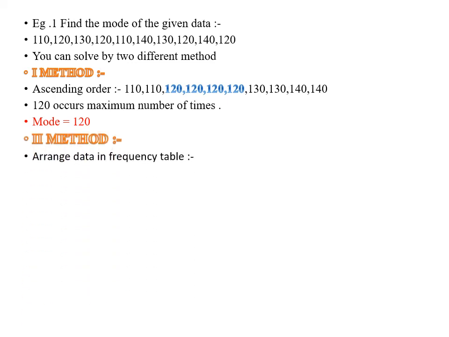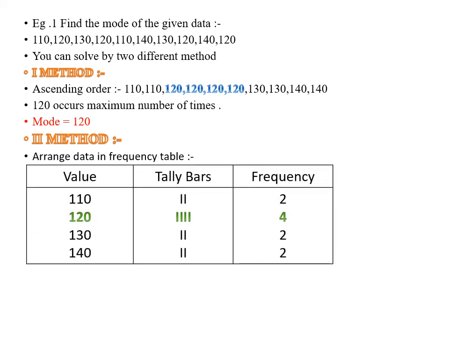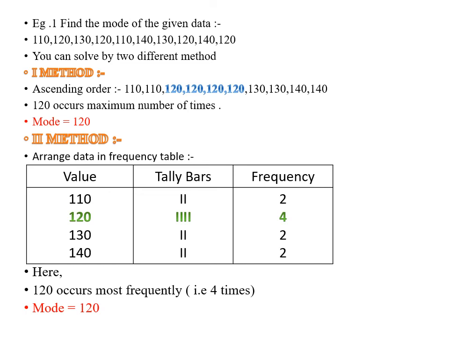And in the second method, you have to arrange data in a frequency table using tally marks. So again, if you see the figure and table properly, you will get the maximum frequency of the number, that the value is 120. So 120 occurs most frequently, that is 4 times, and therefore the mode is 120. So my dear students, either you use first method or second method, your answer is same. No problem. Whichever method you find easy, you can go with that method.